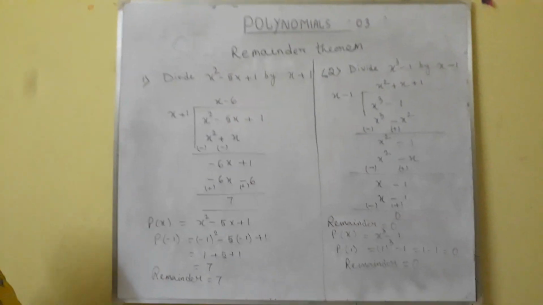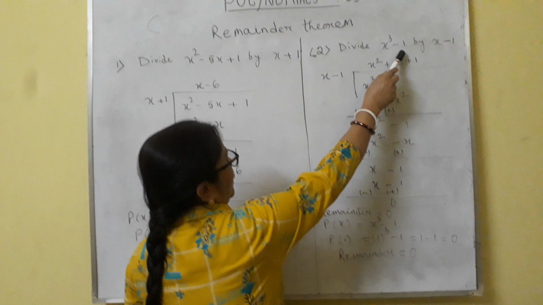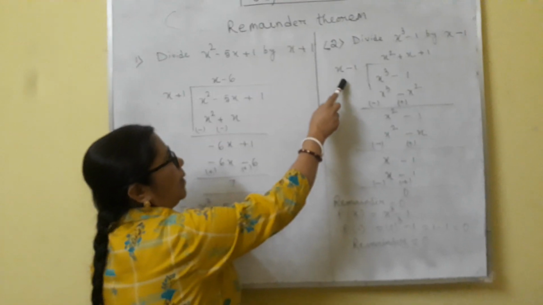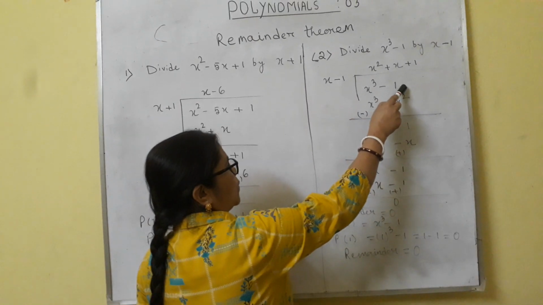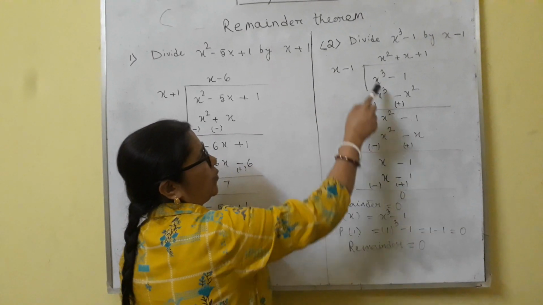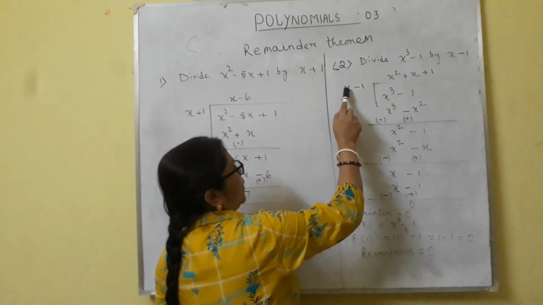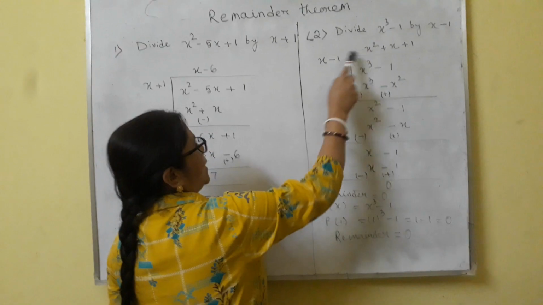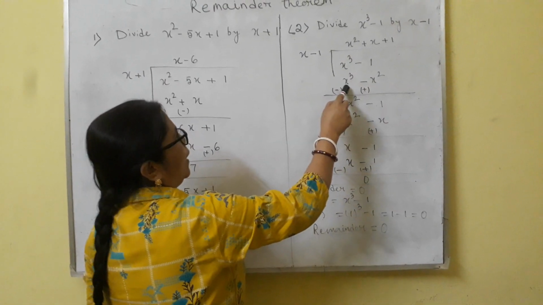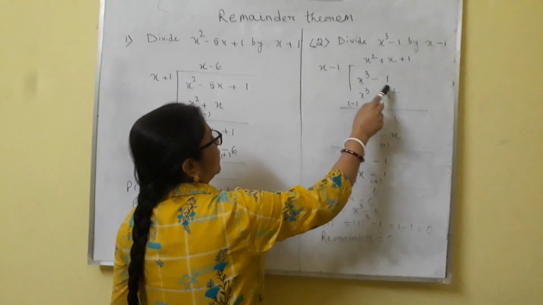Take another example. Suppose x cube minus 1 is the polynomial. We are dividing it by x minus 1. First x cube is divided, multiplying x minus 1 with x square, we get x cube minus x square.